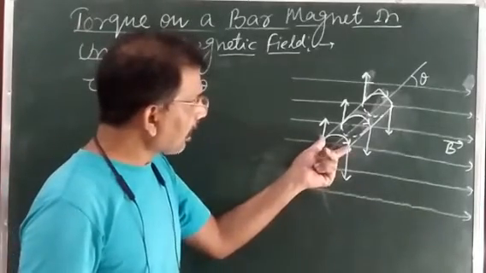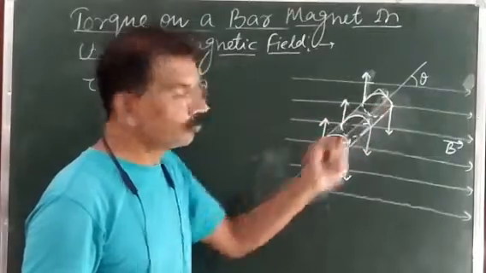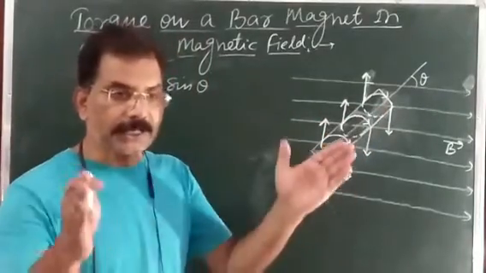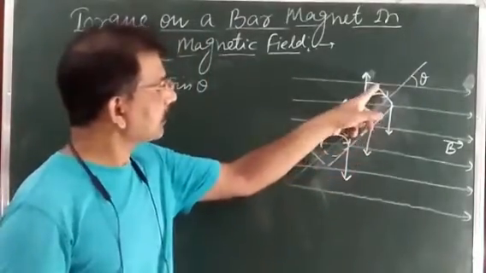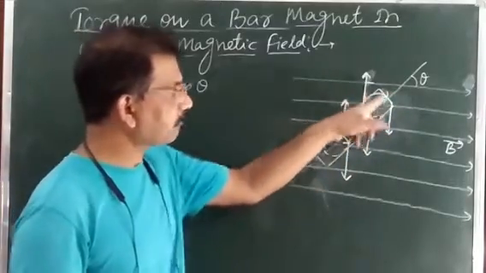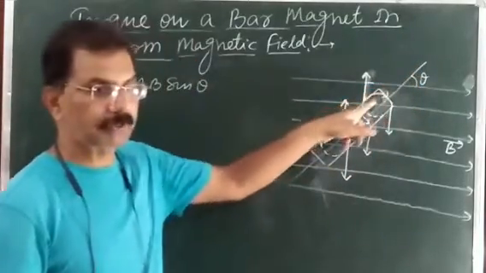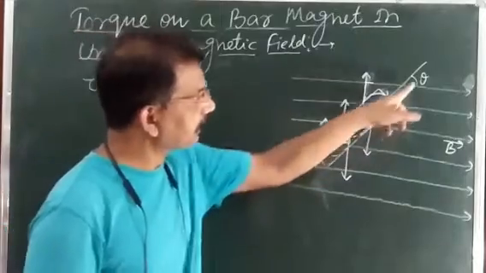The total torque acting on each loop is taken as the total torque acting on this magnet placed in this uniform magnetic field at an angle theta.